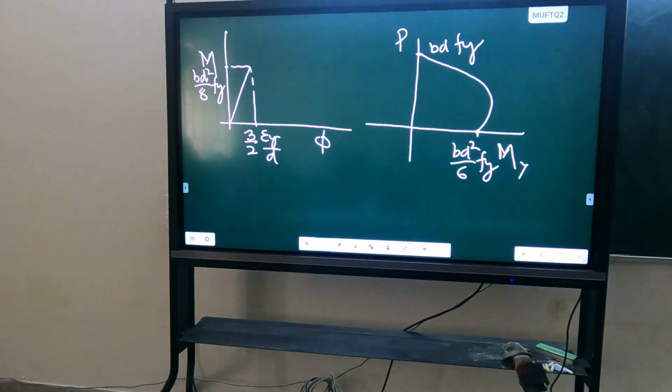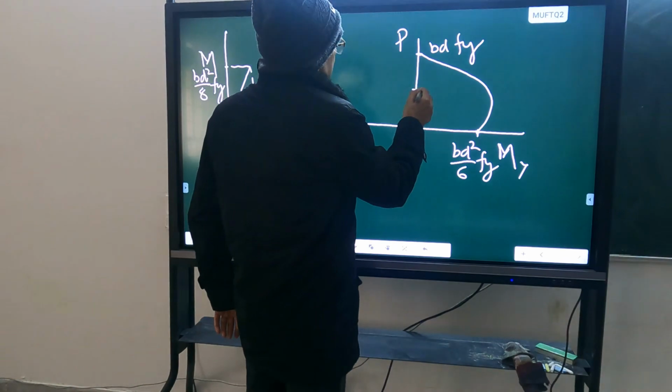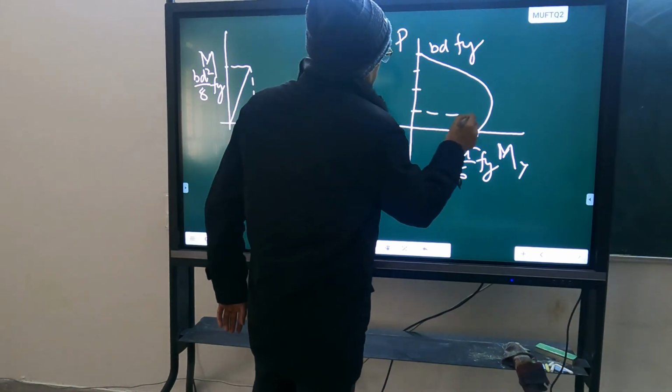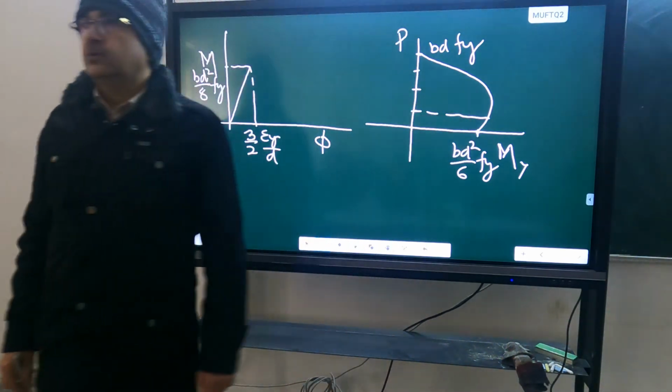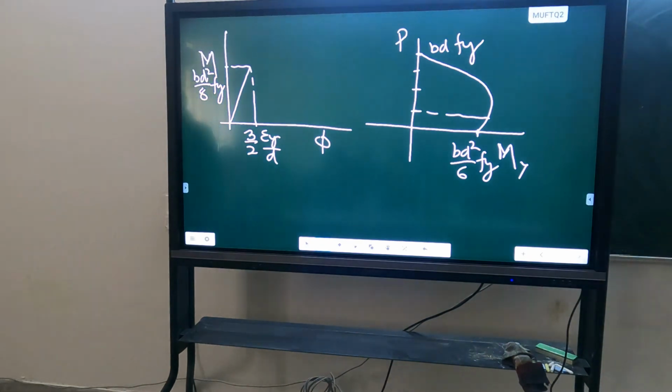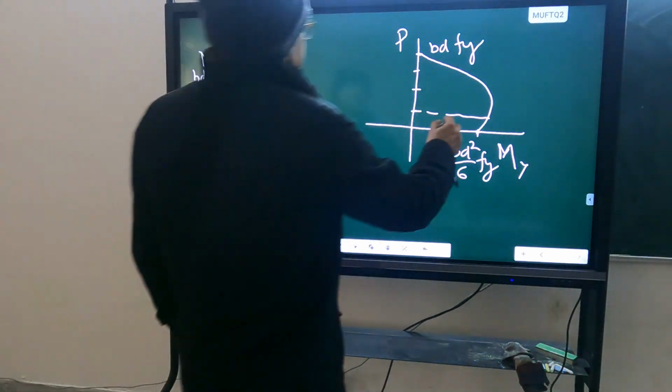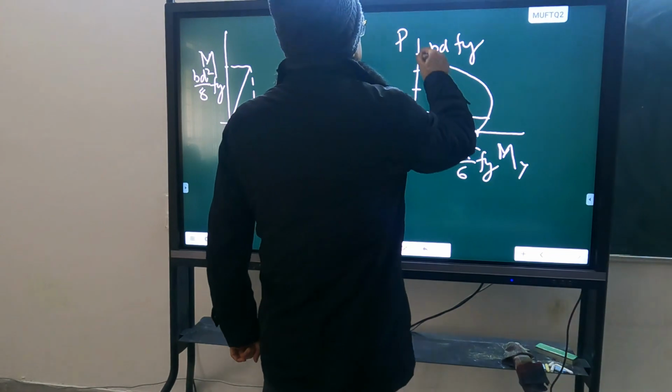You can do it by taking different values of P. I have taken one value of P equal to 0.25 BD Fy, 1/4 of this. So this value I have taken. What do you see here? Has M increased or decreased? Decreased. So in case of steel, the interaction curve will not be like this. The interaction curve will be like this.